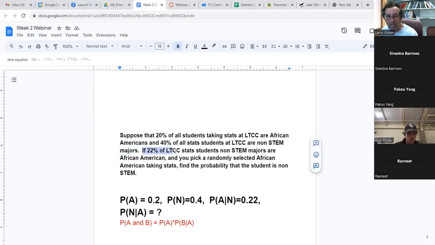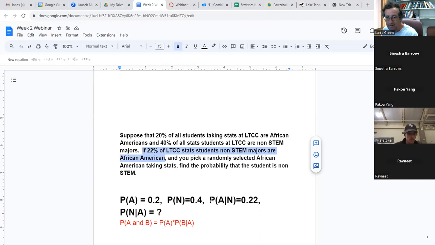If 22% of LTCC stat students who are non-STEM majors are African American. All right, so now we have to think about this. We're going to take these LTCC stat students, but we're only going to look at the non-STEM majors. Of them, 22% are African American. So we're given that the student is non-STEM, and we're saying the probability, given they're non-STEM, of being African American is 22%.